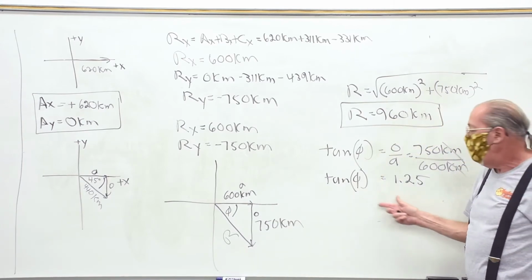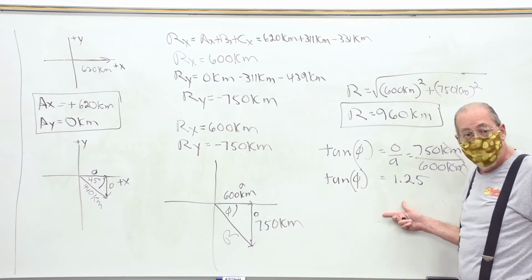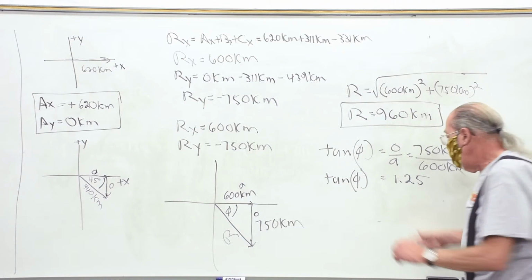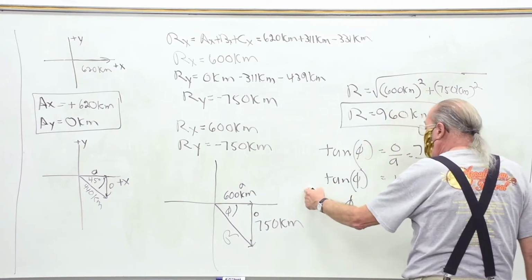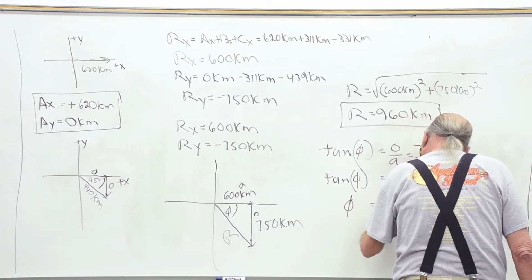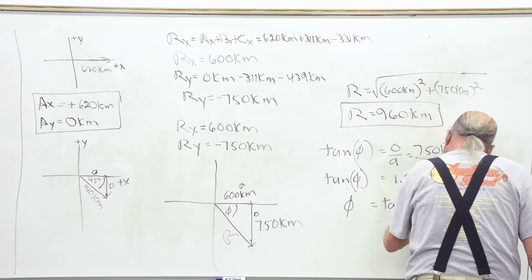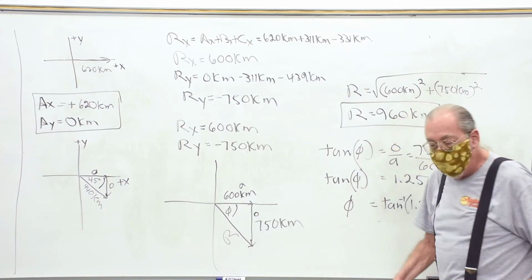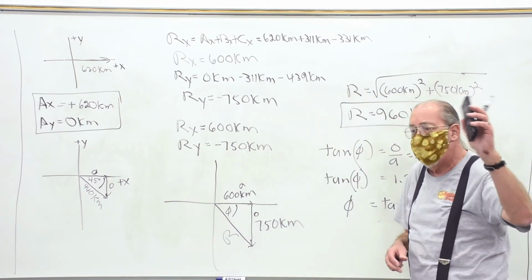You take the inverse tangent, not the reciprocal tangent, that's different. You take the tangent inverse of both sides. The tangent inverse of the tangent is the angle, and this is the tangent inverse of 1.25, which means you take 1.25 and you use shift or second function or whatever it is.